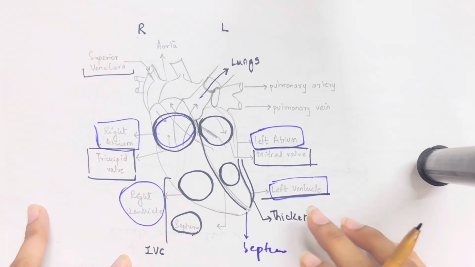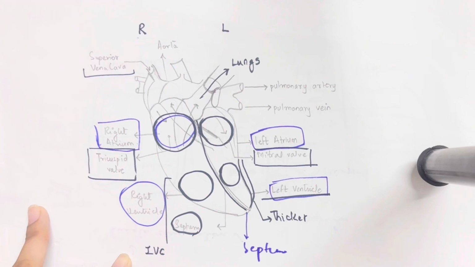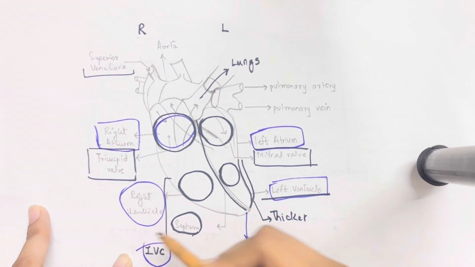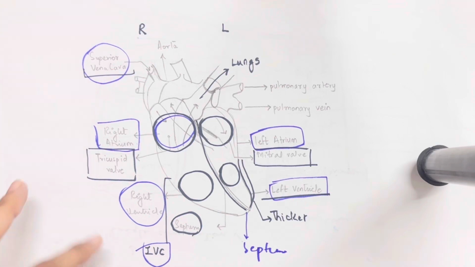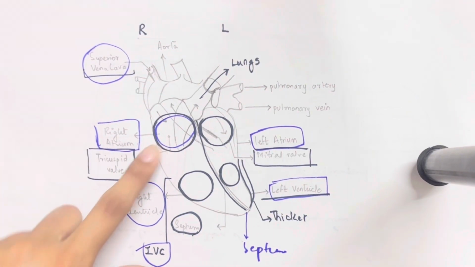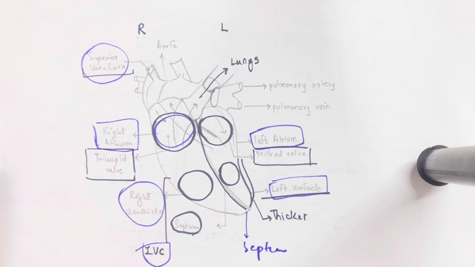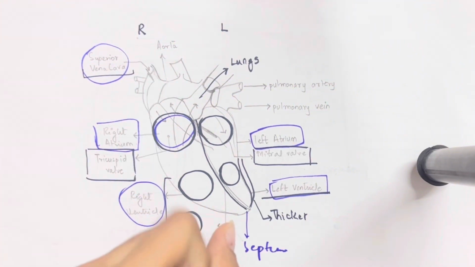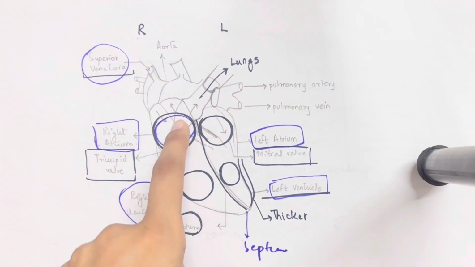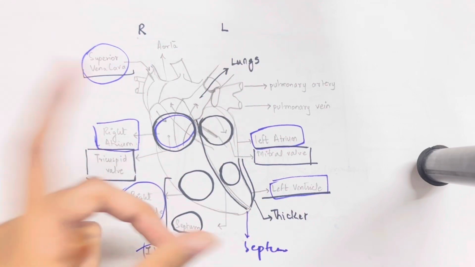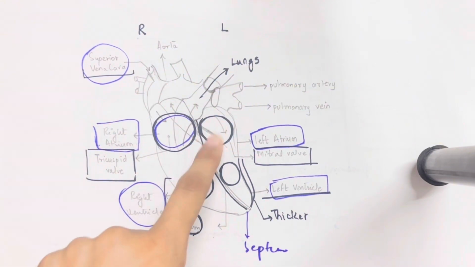Other than that, you need to understand that there are two important veins that enter the heart: the inferior vena cava and the superior vena cava, which enter the right atrium. Once the blood enters the right atrium, it is transferred to the right ventricle, where it is sent towards the lung to get oxygenated. Once it is sent towards the lung through the pulmonary vessel, it comes back towards the heart into the left atrium.